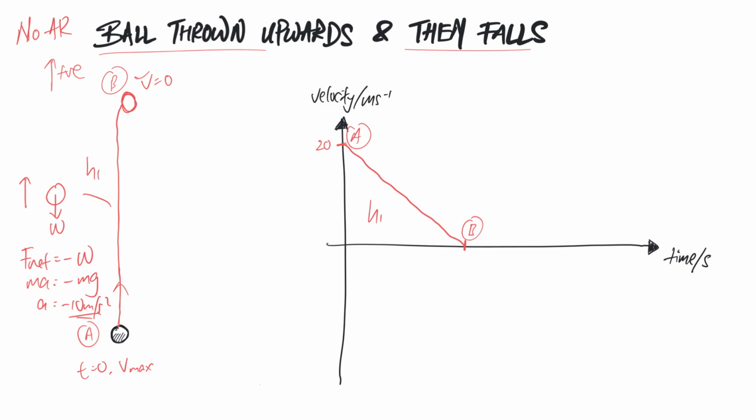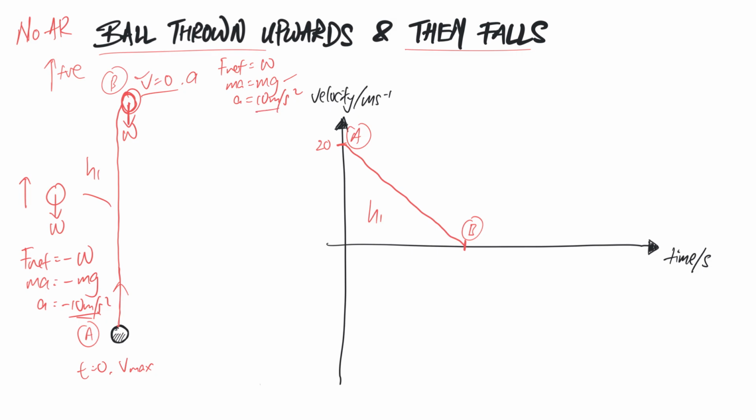Next, let's consider the highest point, point B, where it's momentarily at rest. Now, the acceleration is not 0 because at the highest point, the only force acting is your weight. So F net equals your weight, ma equals mg, so your acceleration will be 10 meters per second squared, just like your gravitational field strength.